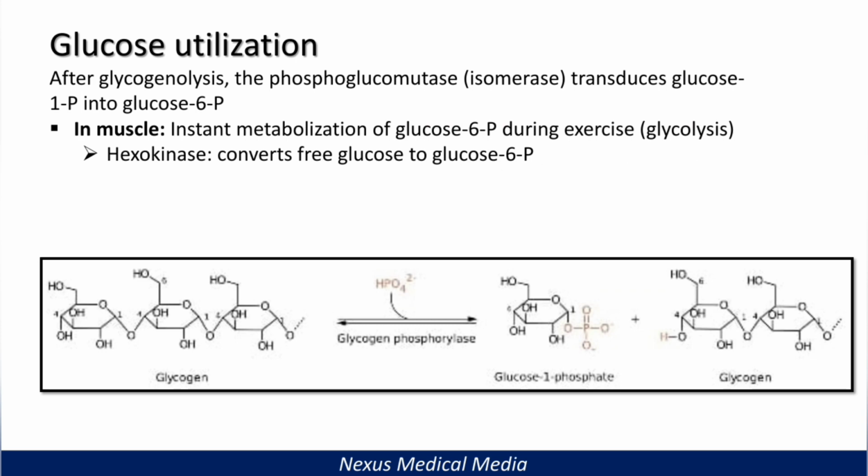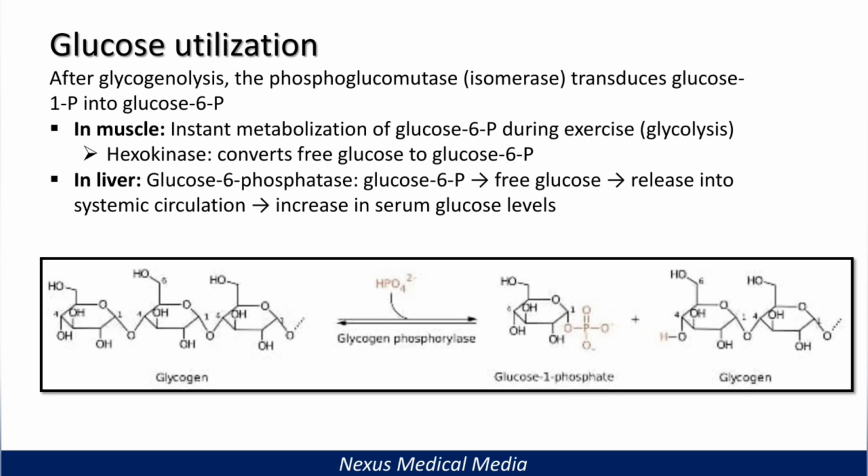The enzyme hexokinase will convert free glucose to glucose 6-phosphate, because remember I said the last glucose was released as glucose is only one. You convert it to glucose 6-phosphate and then run it down glycolysis, right?